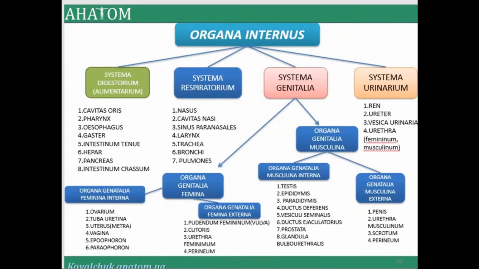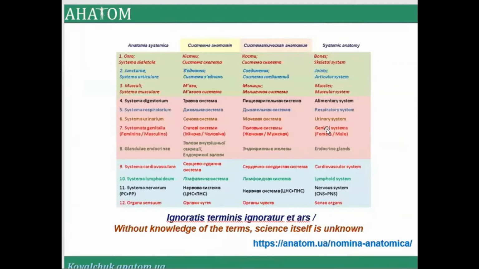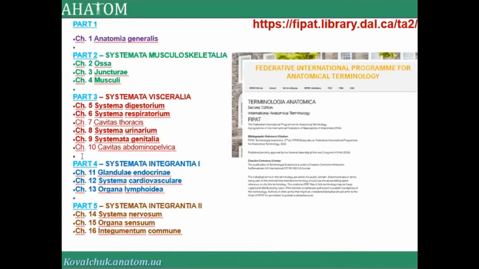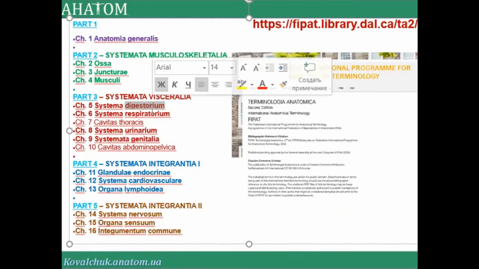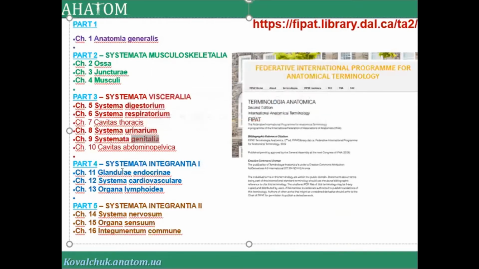A long time ago, the endocrine system was in Splanchnology, yes, but now the endocrine system, cardiovascular and lymphoid systems are integral systems first. And only four main visceral systems, alimentary or digestive, respiratory, urinary and genital, really are included in Splanchnology or visceral systems, visceral organs.